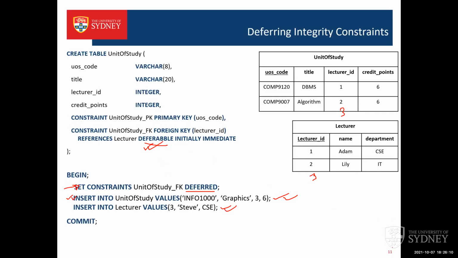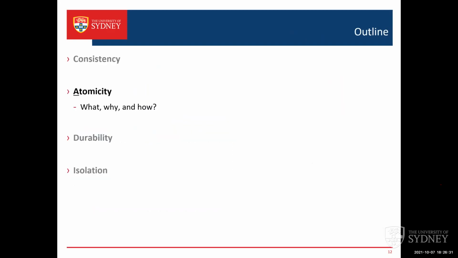So that is the only thing that we have to deal with when we are talking about consistency. Hopefully making sense. Any other question on consistency? Okay, let me move on.